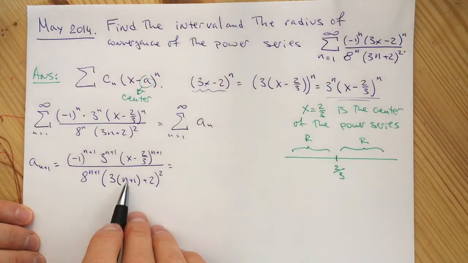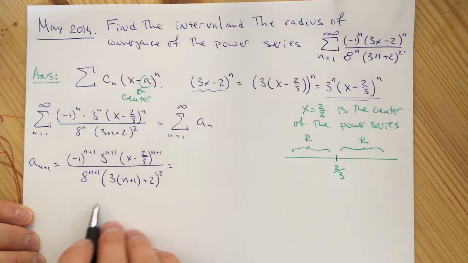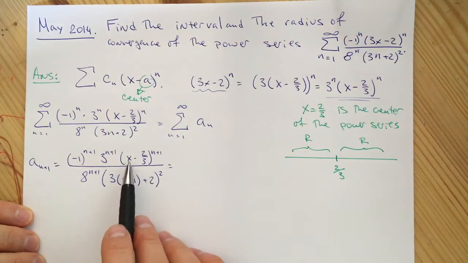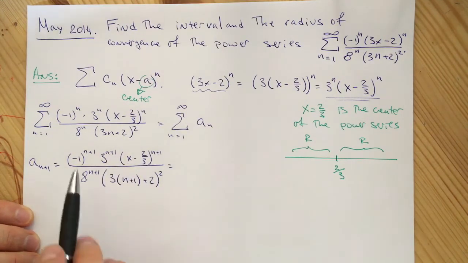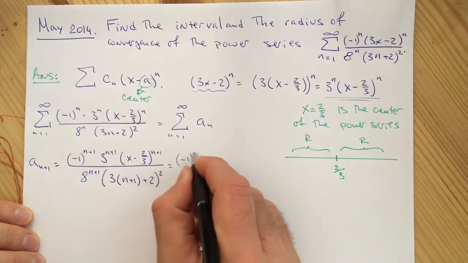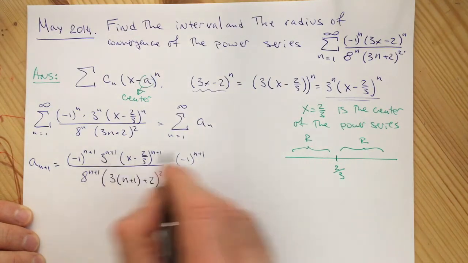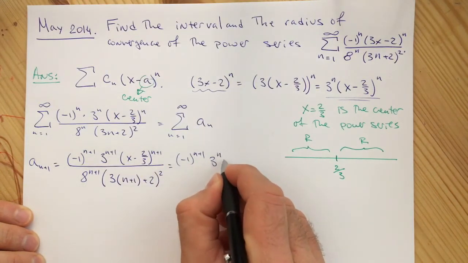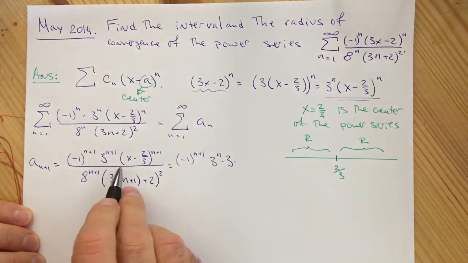Now I'm going to simplify this expression, and I'm going to prepare it to be cancelled with a_n. As you can see, in a_n I have 3 to the power of n, this factor involving x to the power of n, and 8 to the power of n. Well, by properties of exponents, 3 to the power of n plus 1 is just 3 to the power of n times 3.